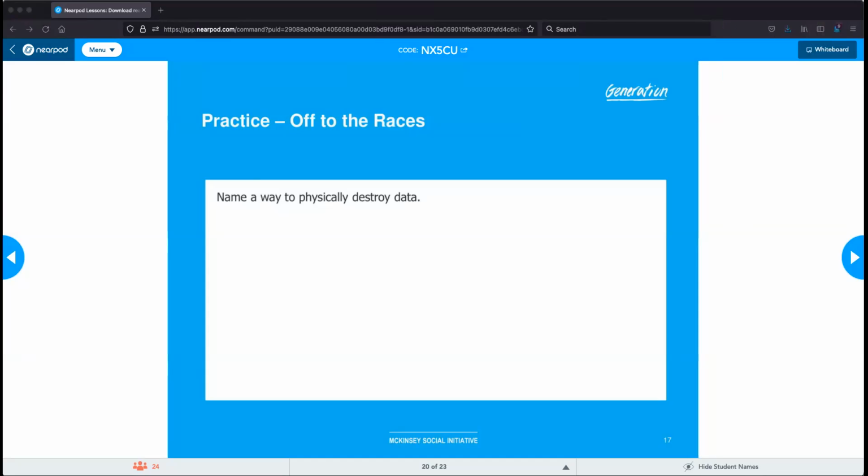I forgot the third one. Well, there's two more, I believe. We have drill and hammer and incineration. Name a way to physically destroy data. Shredding. Shredding, perfect.